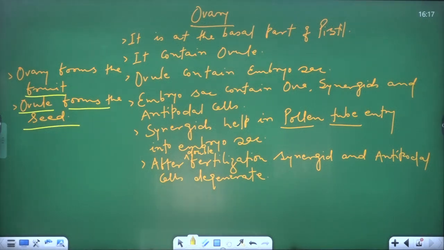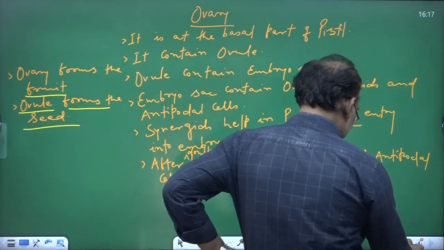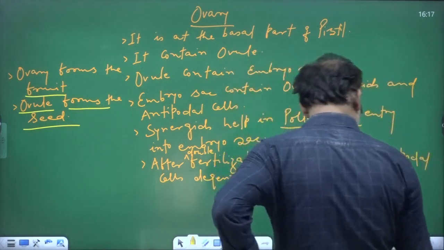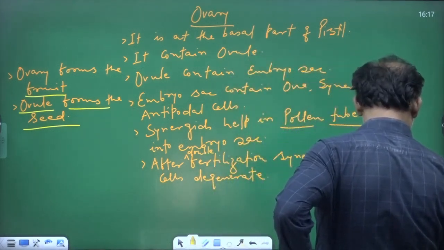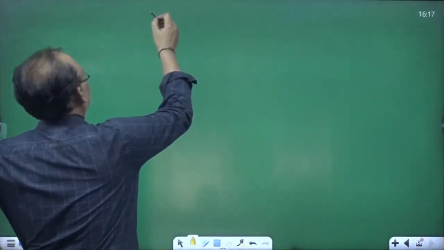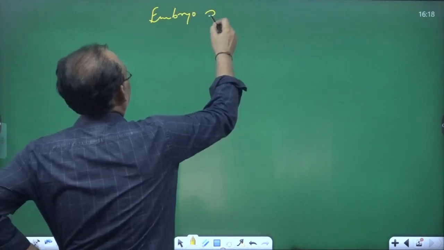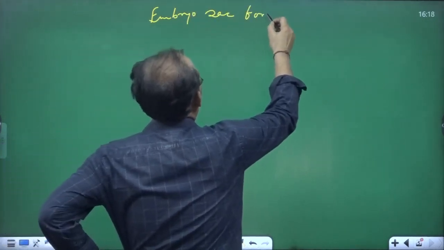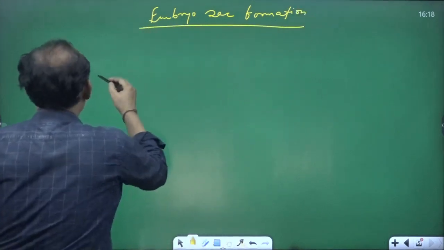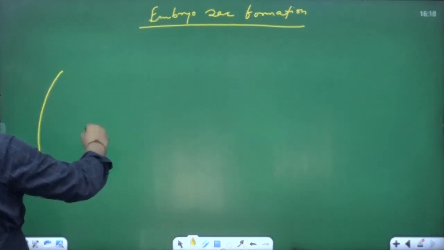Okay. Now discuss about how embryo sac is formed. If you want to know, see embryo sac formation. What happens is that there is this type of structure.